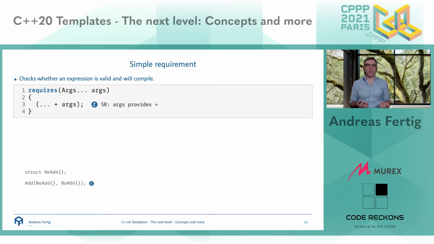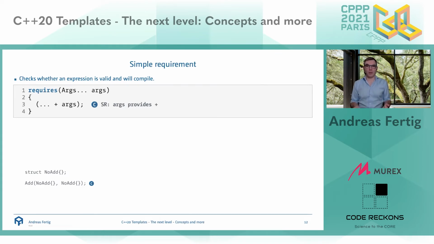So that's a repetition I don't like, but that comes from my example here. And I simply write this fold expression. The compiler will now, for a simple requirement, try to expand it at compile time. If that succeeds, then this requirement is met. If it doesn't succeed, then this requirement fails and the entire requires expression returns false. So this is our requirement C.